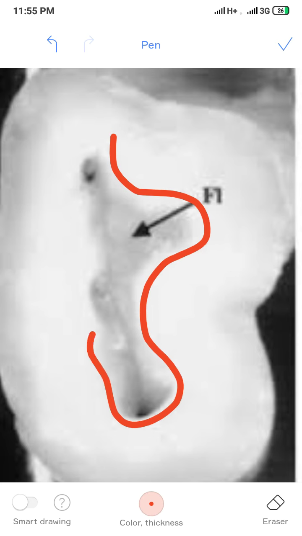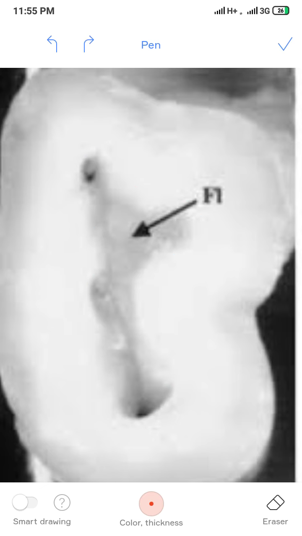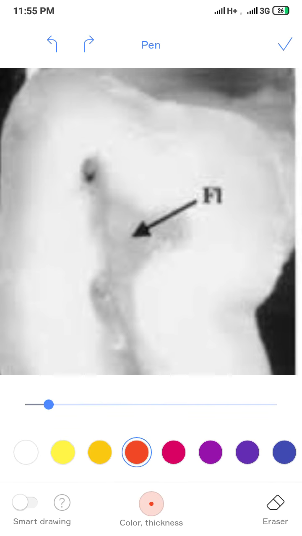Okay. The canals will obviously be located within the floor, but the major canals, the big ones, will be located in the joining line between this gray color and the white color.